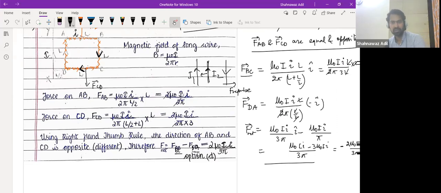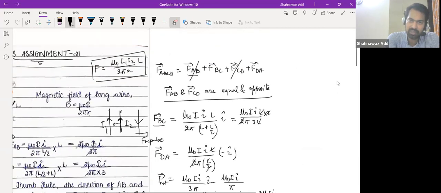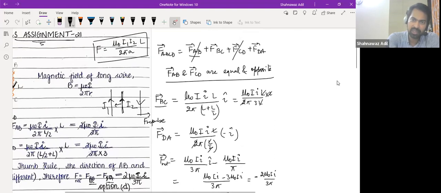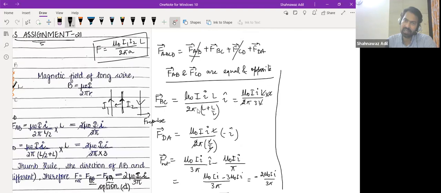If you understood, please write this down. And as Aisha is saying, we can directly write the answer as well. F net would be only the magnitude part, so F of BC minus F of DA.